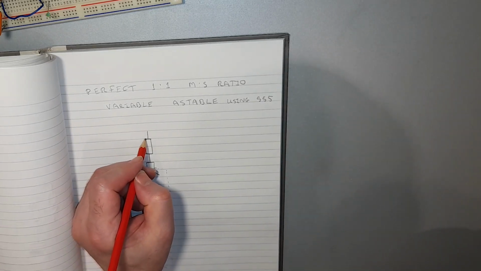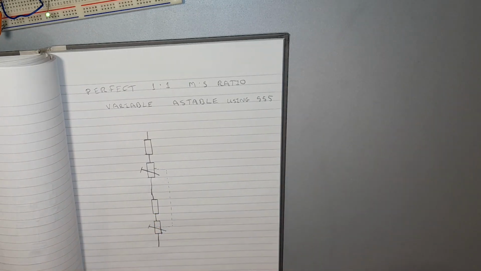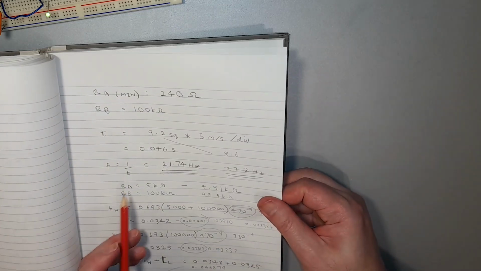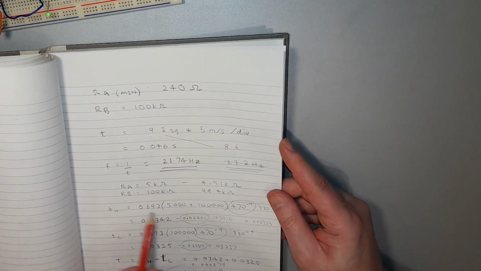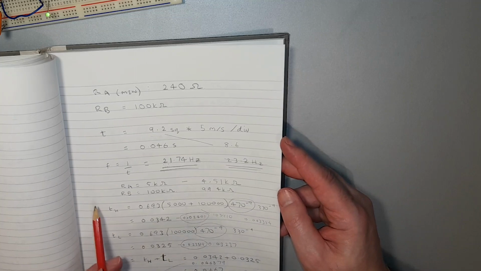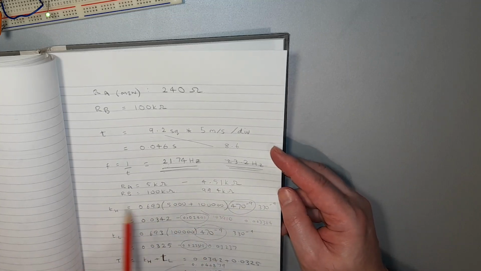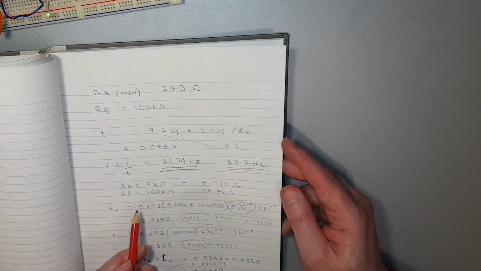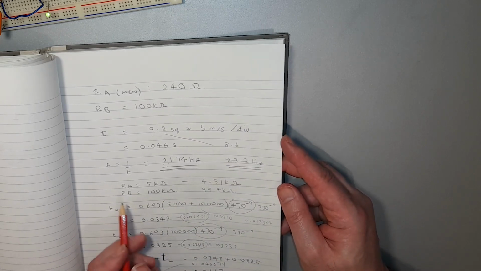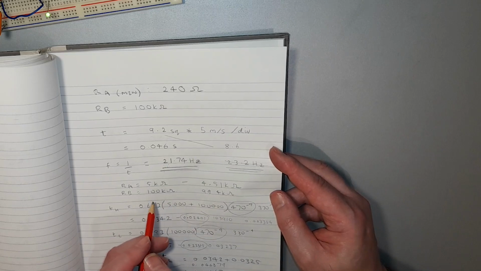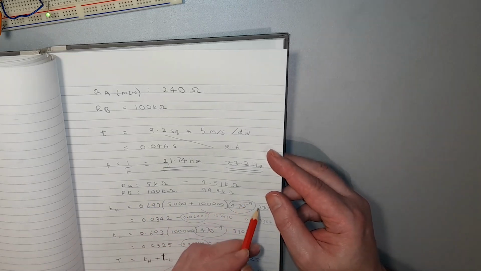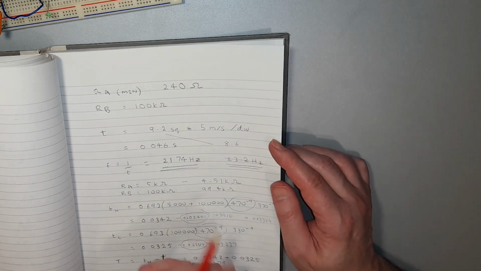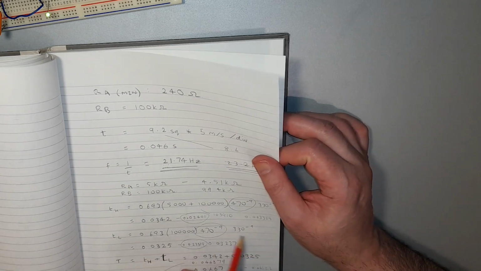But this sets the span anyway, so putting it into this formula here, the 0.693 business over here, to set this period, the mark period and the space period, is determined by the resistor values RA and RB and the capacitor, which was actually 330 nanofarads here, but that could be any value. It's independent of that value.